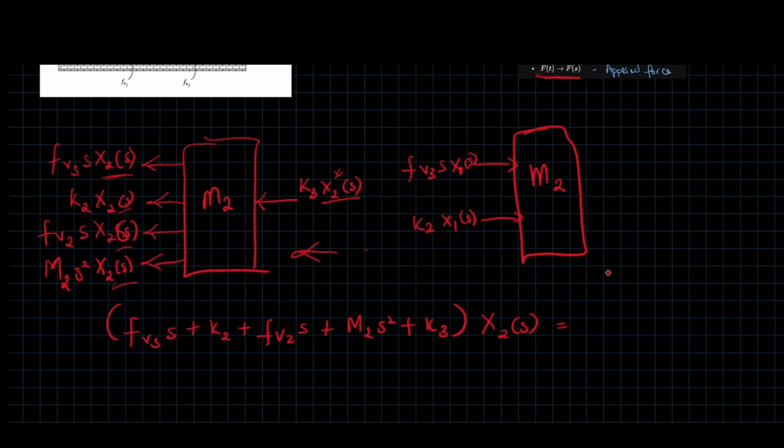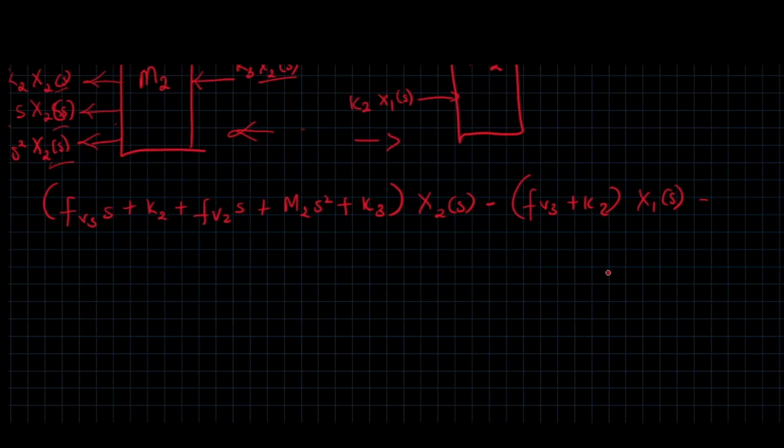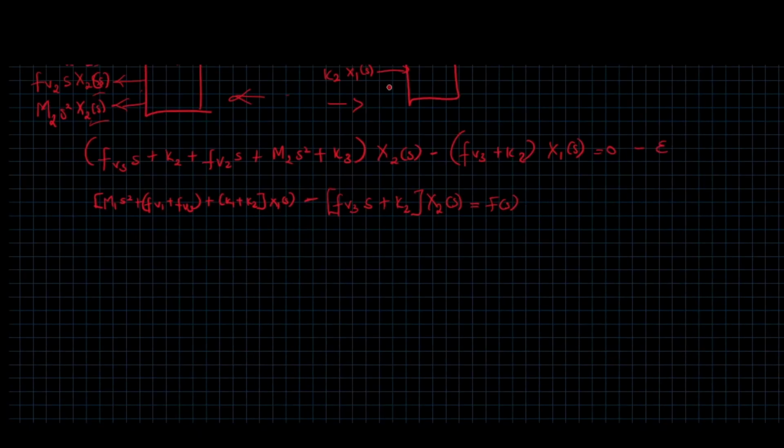This one's going in this direction, this one's going in this direction. So we can just write them here to be FV3 plus K2, then X1 S. You can bring this to this side to become minus, and then everything will be equal to 0. So now we have our two equations. We can now get to solving.